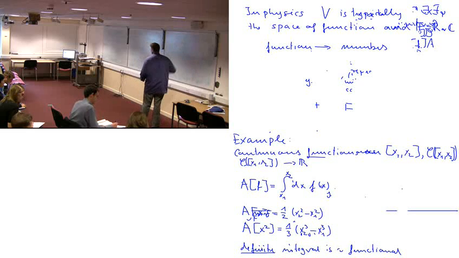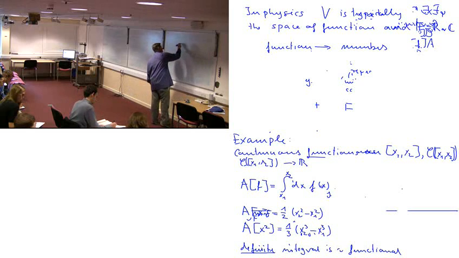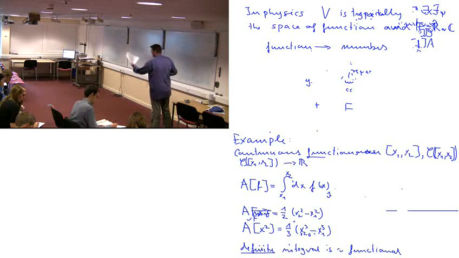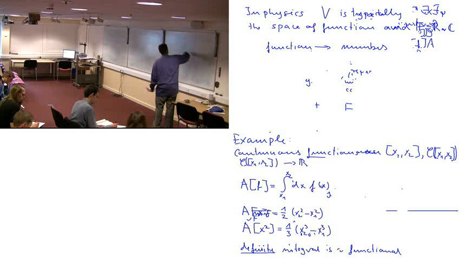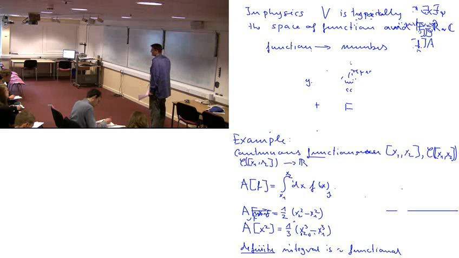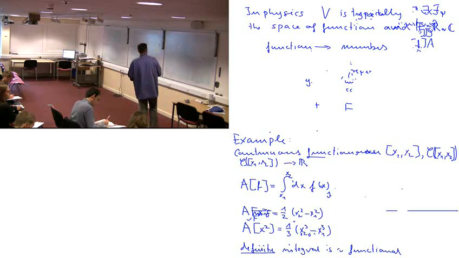We could cube it. We could take even an exponential of f of x, and it still remains a function. So we still do the integral from x1 to x2, dx. And as you already said, if we replace x by some time and f by our generalized coordinate, that already comes pretty close to how our action functional or our Lagrangian looked.